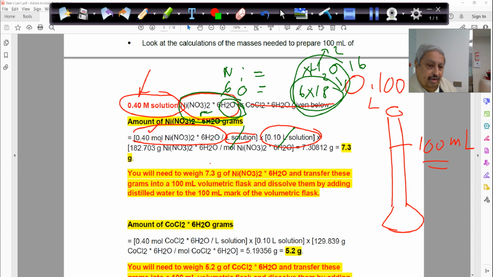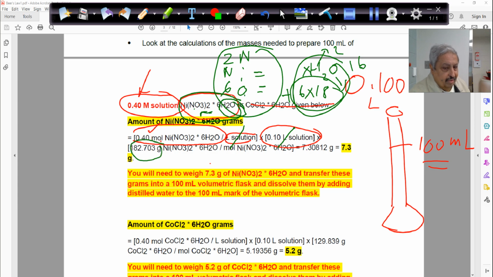And then you have 6 oxygen, and you have 2 nitrogens. So add this plus this amount of H2O, that will give you the molar mass. The molar mass is already given to you. That's the molar mass, gram per mole. So the mole here with the mole here cancels out.